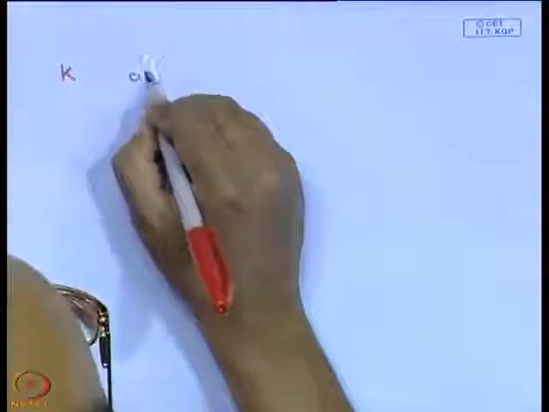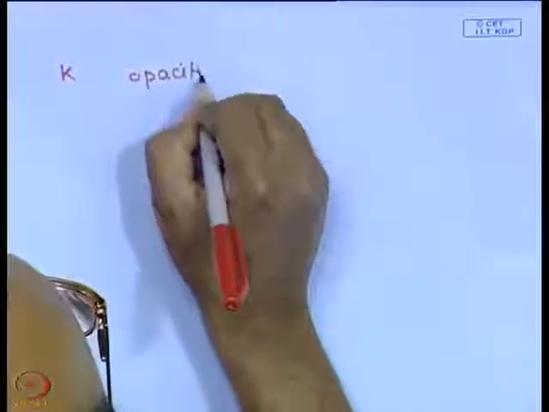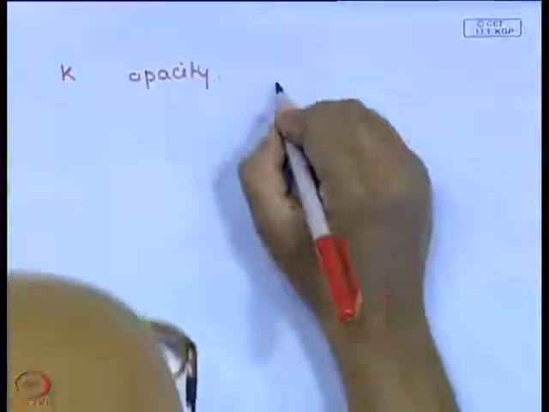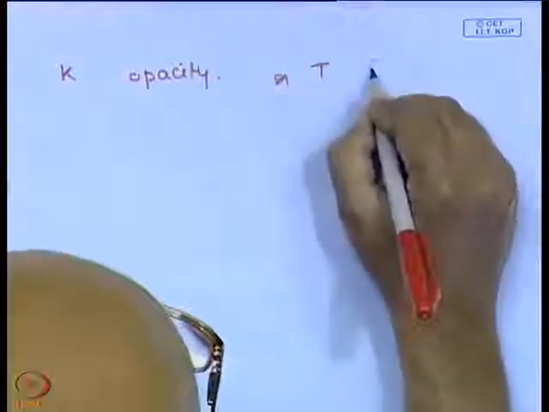Okay. And you need to be told this kappa, the opacity, and this again will be a function of R, T and the composition.